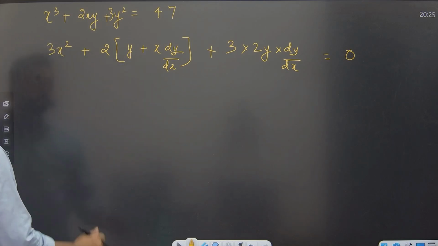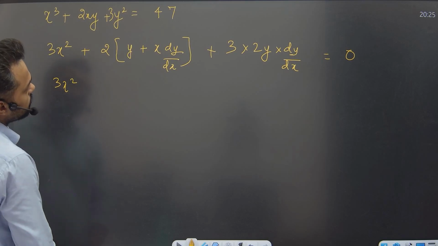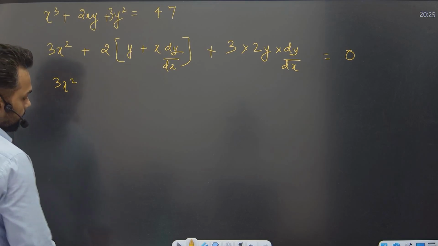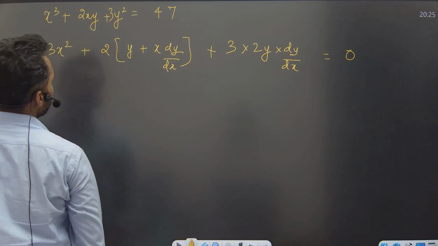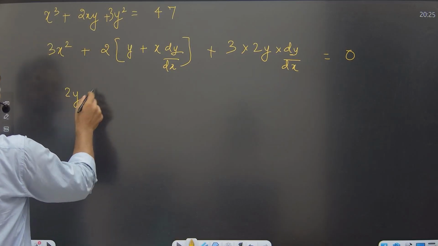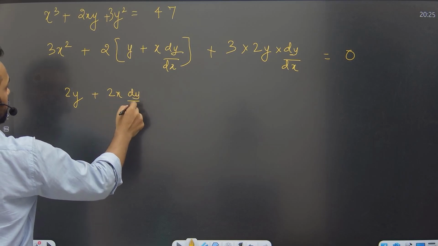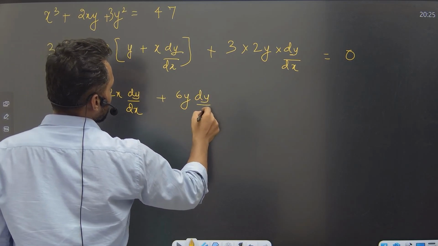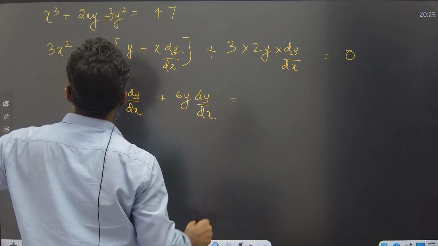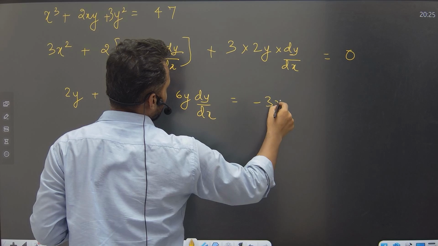Okay. So what we are getting, 3x square, 2y, I am opening this bracket student, 2y plus of 2 times of x dy by dx plus of 6y dy by dx is equals to, this part we are transposing to the right hand side, so it will be negative of 3x square.